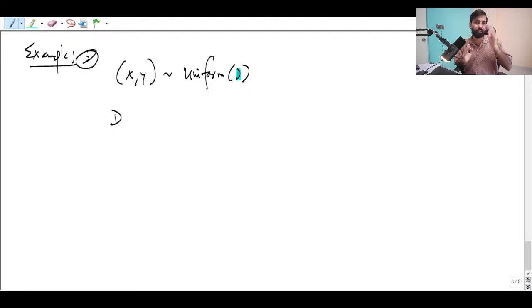Uniform means if you fix one variable, the distribution for the other random variable must not be different. That should be the same, constant.